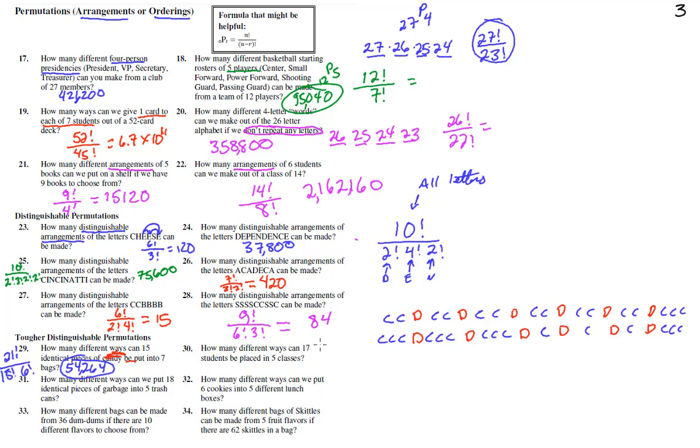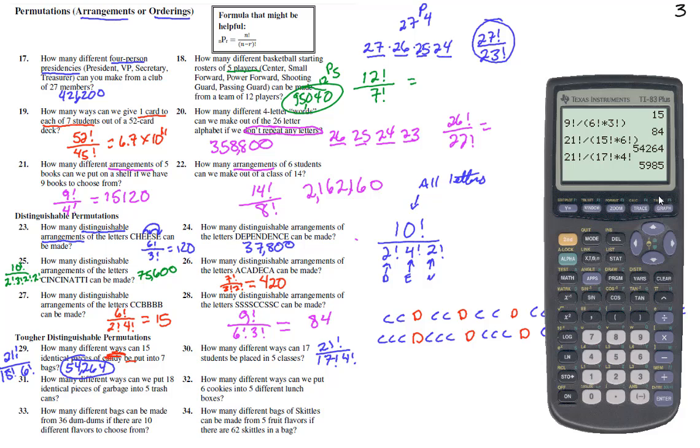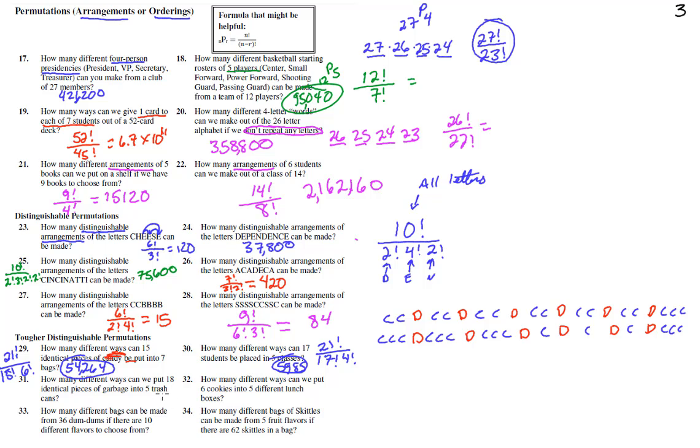So 17 plus 4 gives us 21 total letters: 17 students that we would consider interchangeable, and the 4 different dividers. So 21 factorial over 17 factorial times 4 factorial. Let's plug that in. And we get 5985. Number 31. We're going to have 18 identical pieces of garbage into 5 trash cans.